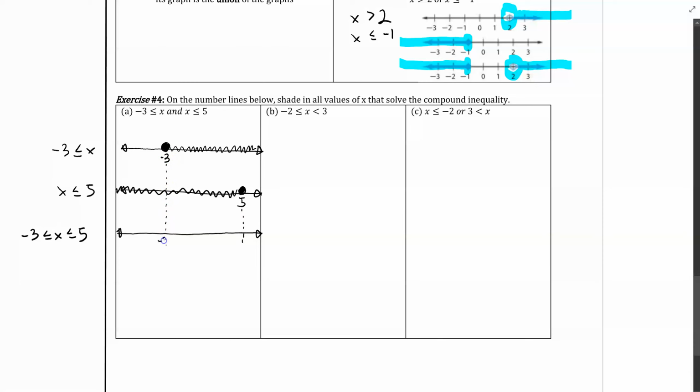So we have -3, we have 5. We're going to do a closed circle here, closed circle here, and then everything in between those 2 points will be filled in, because if you put the graphs on top of each other, that's where the overlap would be.